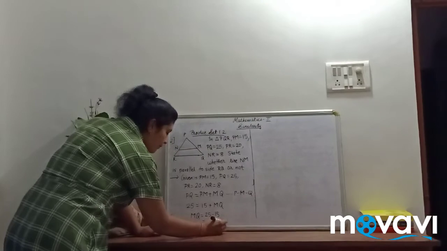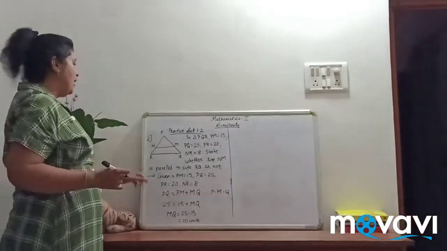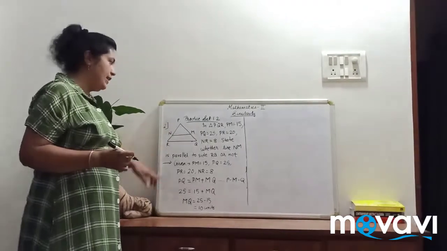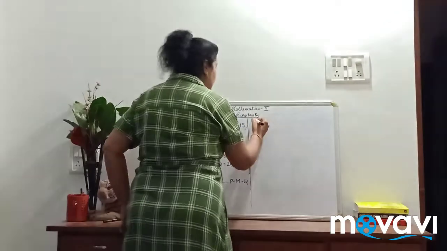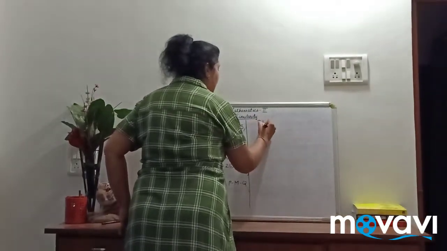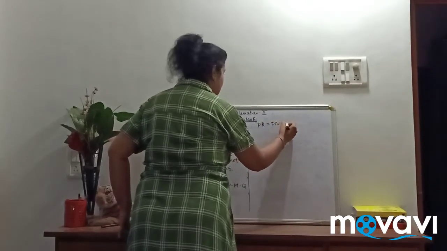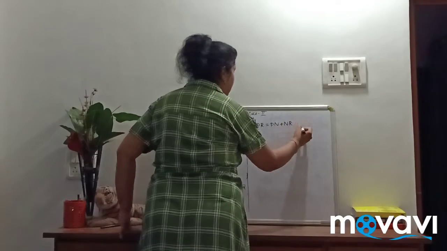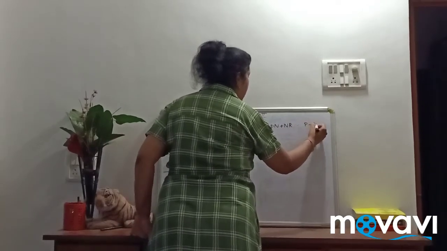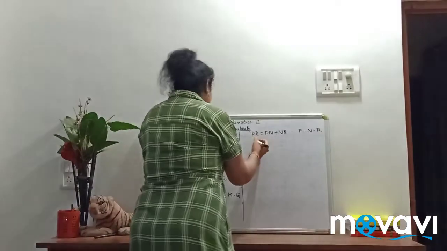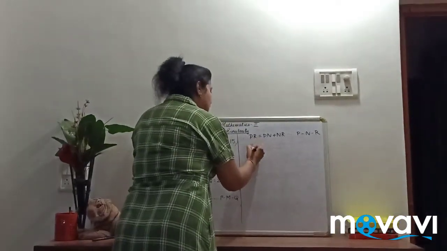Fine. Now we need to find what? PN. NR is given and PR is given. So let us write down PR is equal to PN plus NR. And what is the reason? That N lies in between P and R. Okay, let us substitute the values. PR is 20.